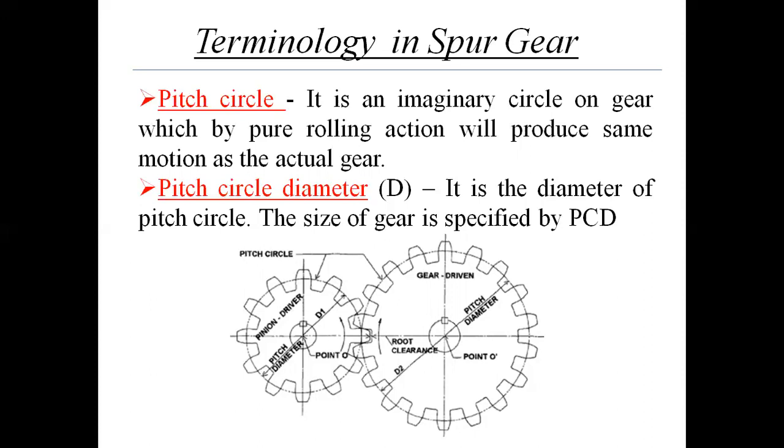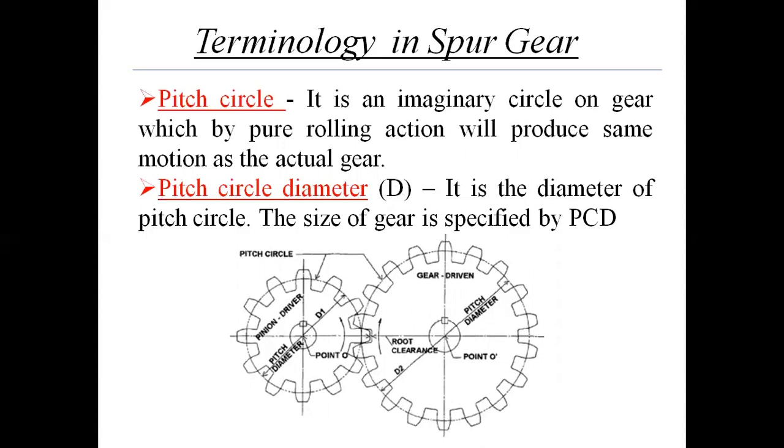The small gear is called a pinion or driver, and the larger gear is called the driven or gear. So the diameter of the smaller gear is denoted by small d, and the pitch circle diameter of the gear is shown by capital D. This is required for further analysis and design calculation.